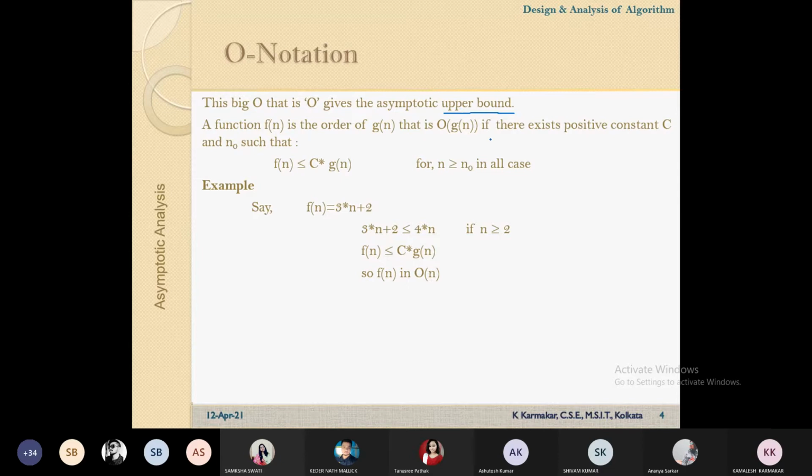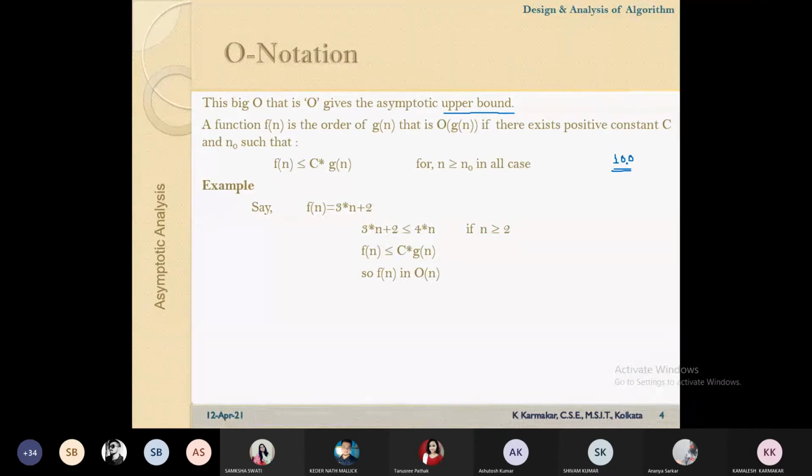For example, in Design and Analysis of Algorithms, the maximum score on this paper can be 100. No one can score greater than 100. So this is the ceiling value, this is the upper bound.